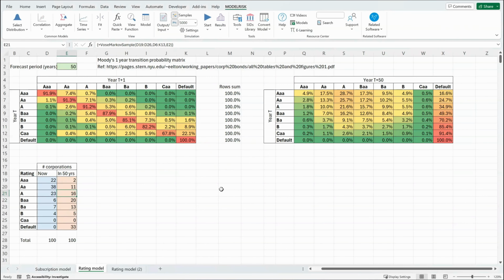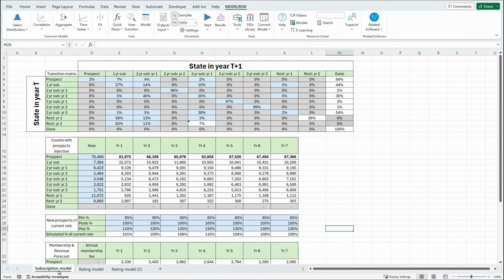If I hit the F9 key, you will see how the patterns change every time. Let's now look at a more common kind of model. Here in this tab, I've created a subscription model, with a gymnasium. You've got a number of prospects that come in, so people who are considering joining the gym. And we're looking at some data we maybe have in our CRM, our customer relationship management software, and see how many of those people that were prospects went into these various states.